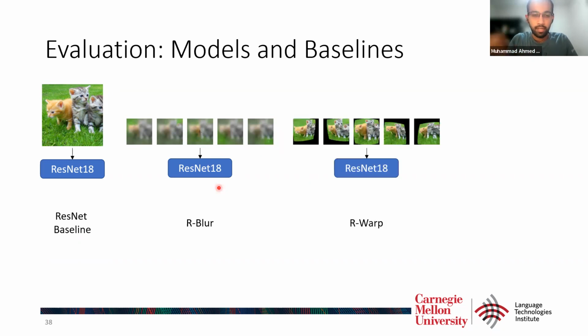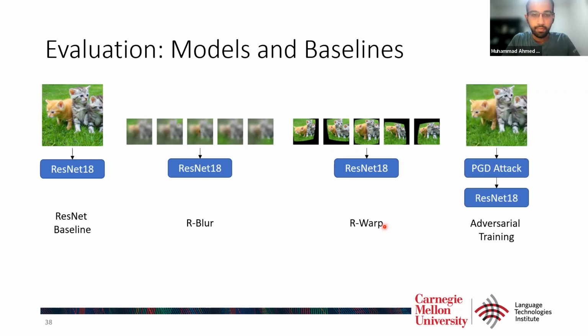We also compare against another biologically motivated approach, which we call R-warp. The idea behind this approach is that it deforms the images in sort of a fisheye filter, as you can see in these. We use a similar approach in which we fixate on the 5 different fixation points, the 4 corners and center, as we did for our blur, except we use this approach as a comparison. And then finally, we have an adversarially trained model. I introduced adversarial training in the beginning of my lecture, in which the model during training is given adversarially perturbed data.